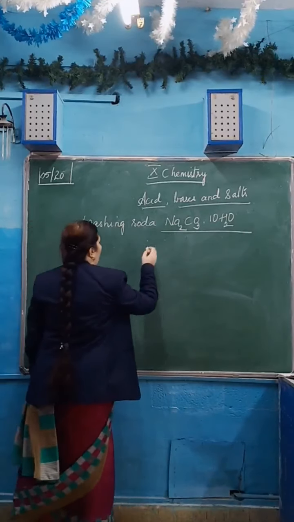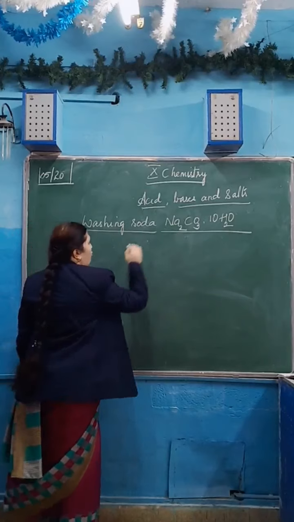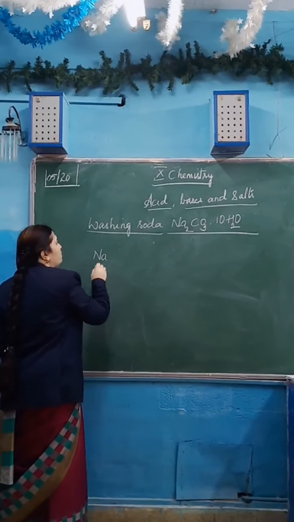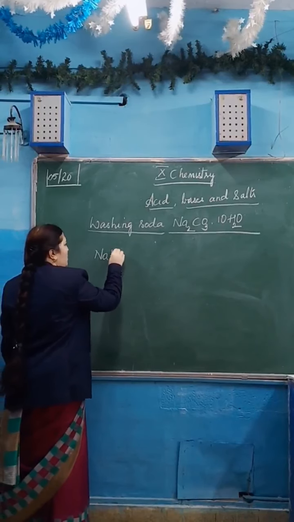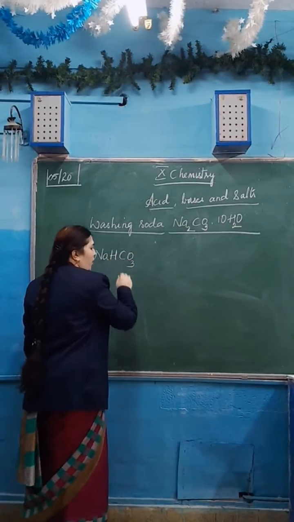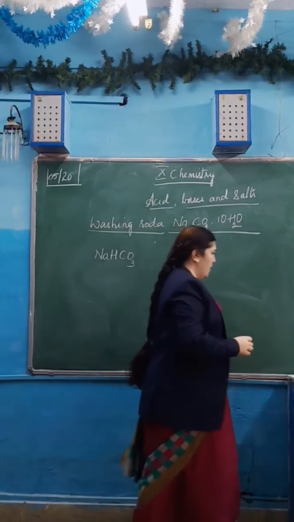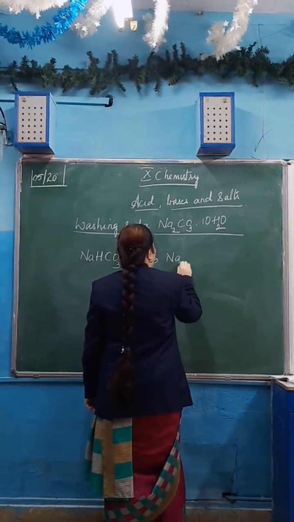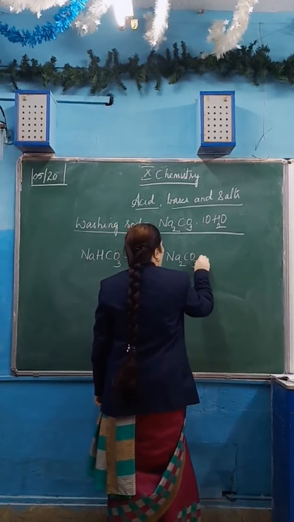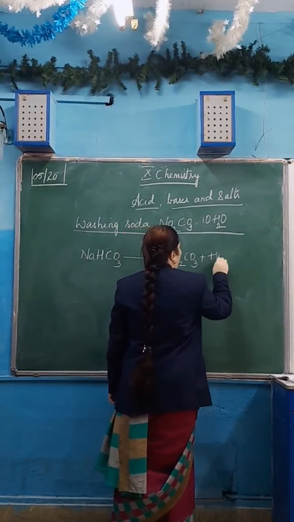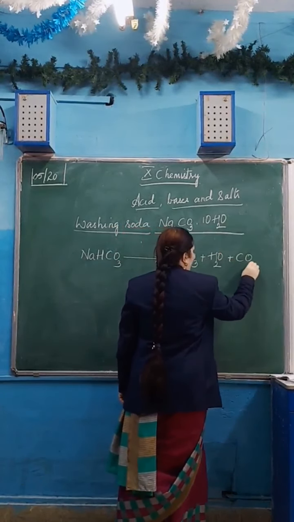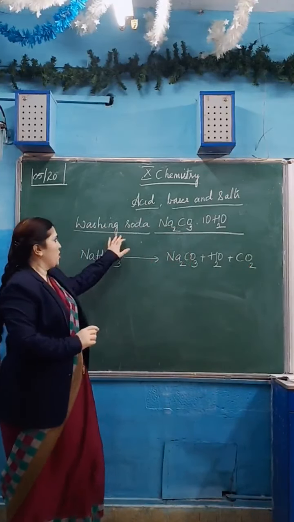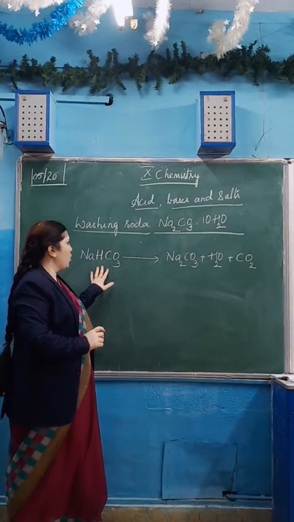It is obtained from sodium carbonate, and sodium carbonate is obtained by heating sodium bicarbonate. Sodium bicarbonate is heated to give sodium carbonate plus water plus carbon dioxide. So to get washing soda, first we heat sodium bicarbonate.